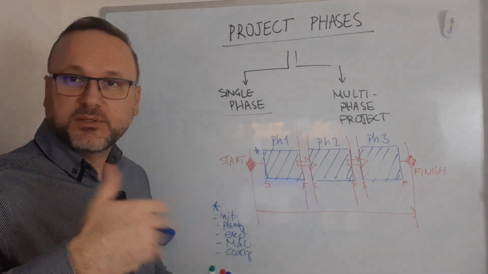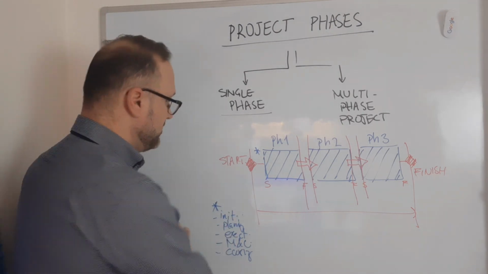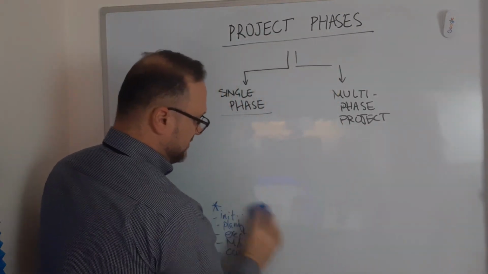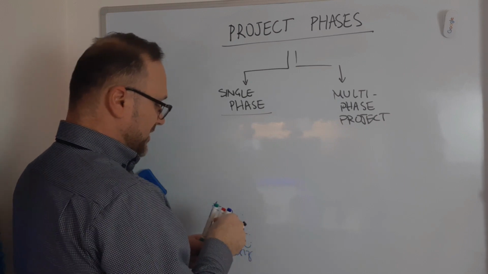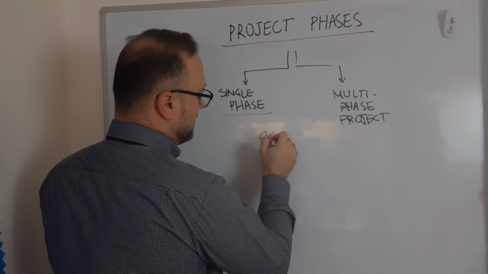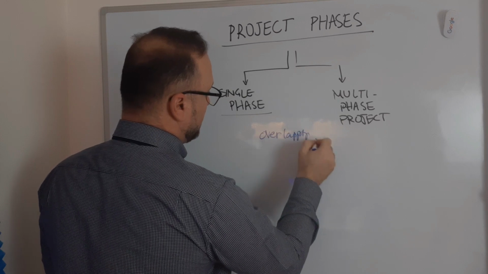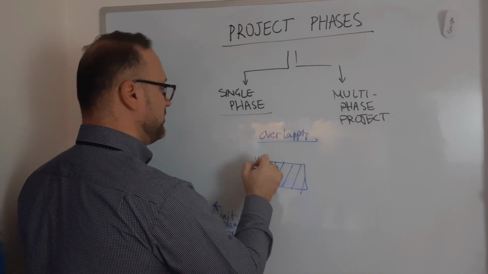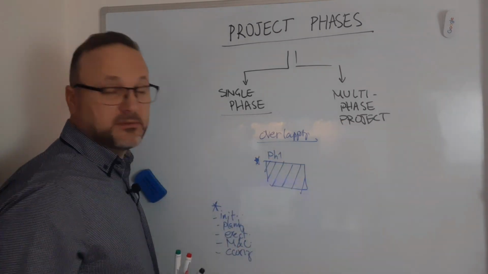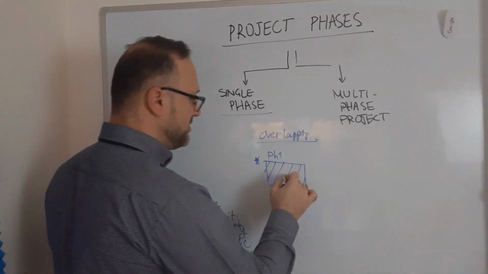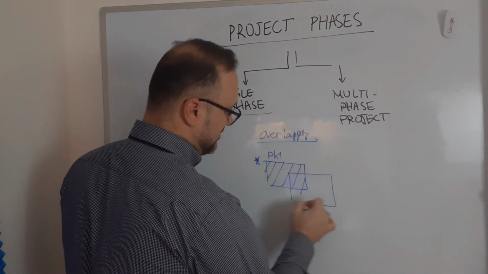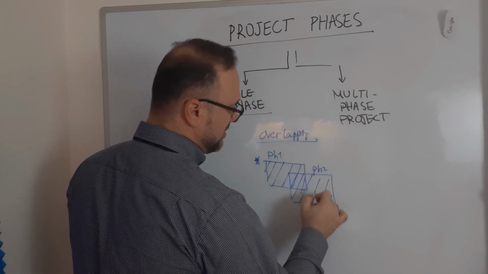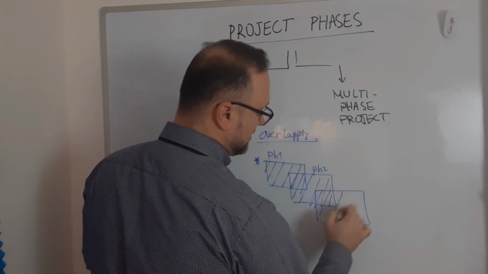Now, let's talk about the overlapping phases. Overlapping. As I mentioned, this is phase 1, and now I have phase 2, and then I have phase 3.